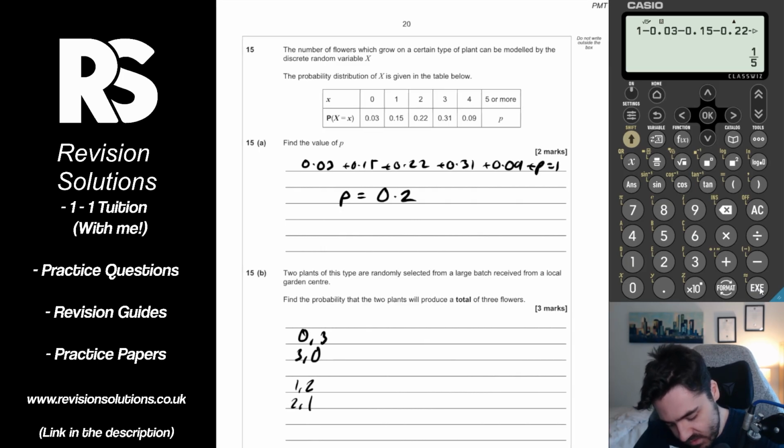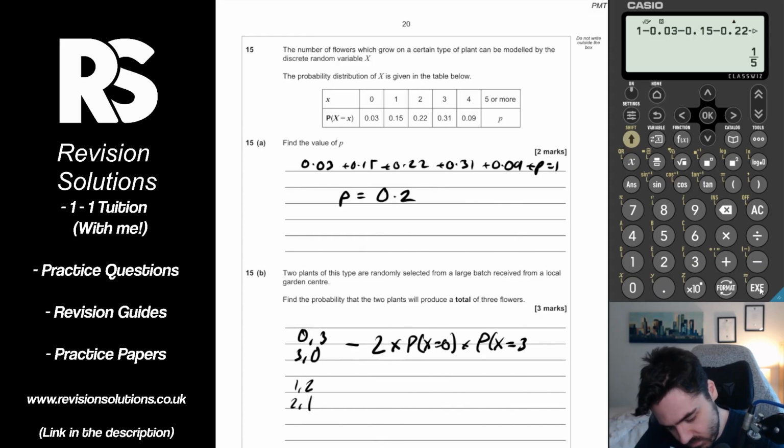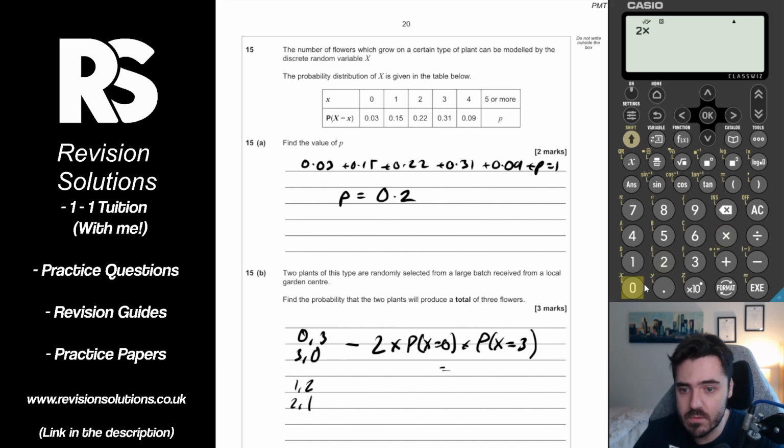Both of those will have the same calculation, so that would be 2 lots of the probability x equals 0 times the probability x equals 3, which comes out to be 2 times 0.03 times 0.31, which is 0.0186 from those 2 options.